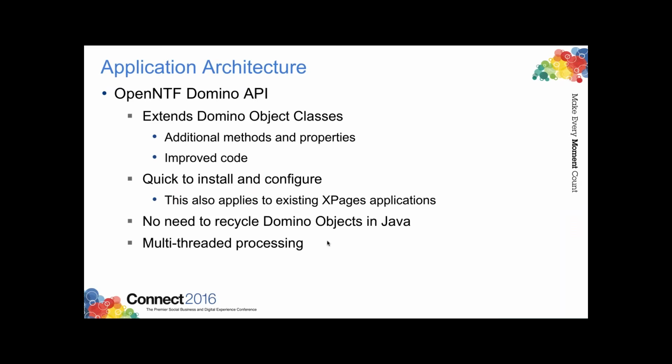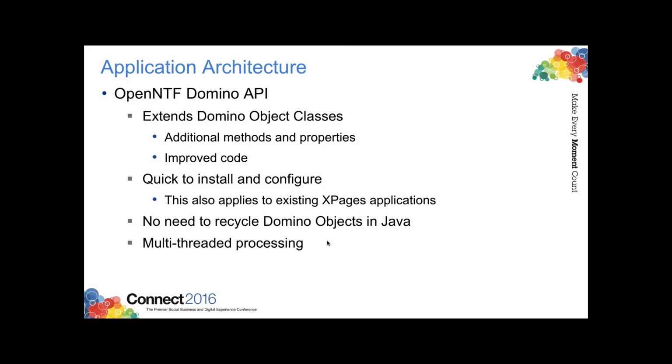We do use it for our production applications. It's a massive toolkit for server-side development, and really comes with some great gems as part of the Java API. Just off the bat, it extends the Domino object classes, so your notes document, your notes session, your notes datetime objects.